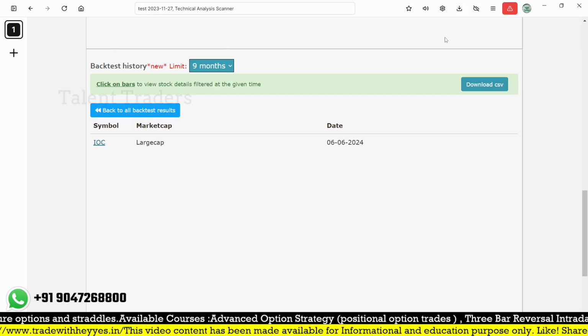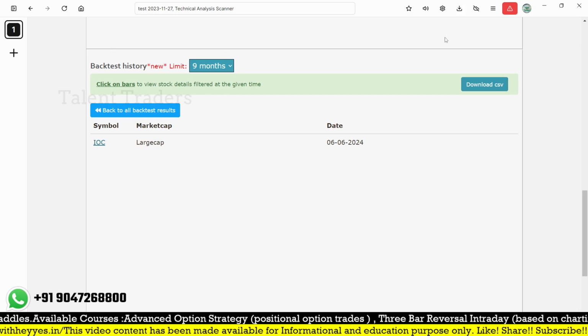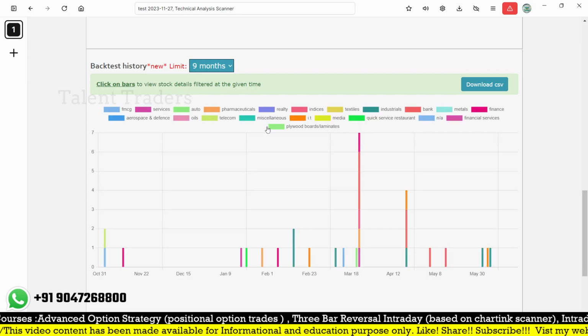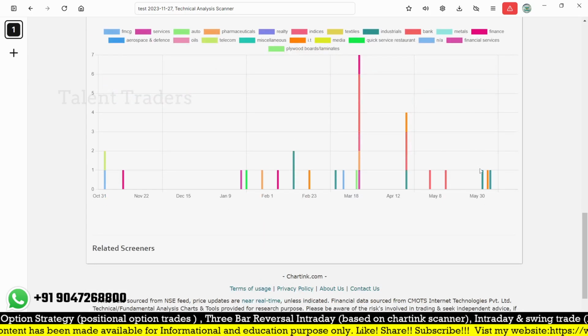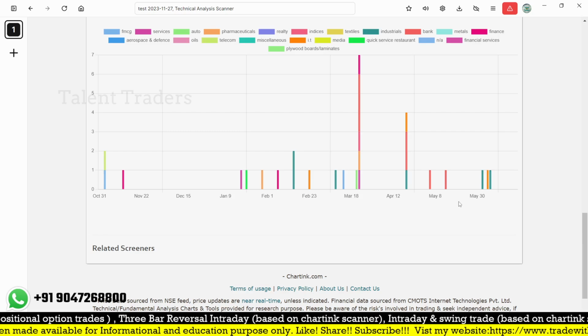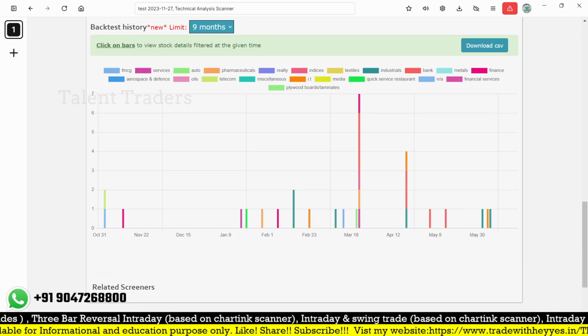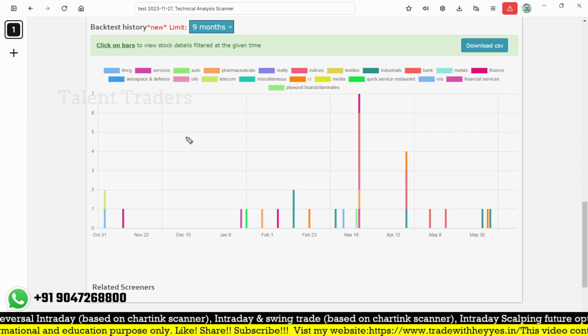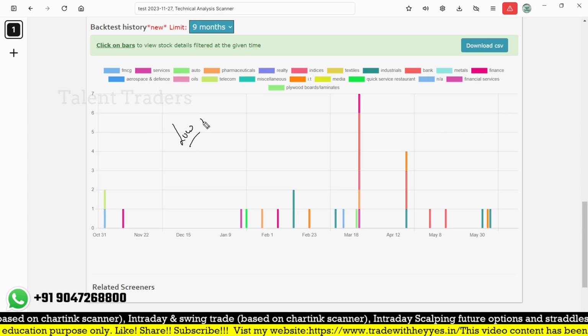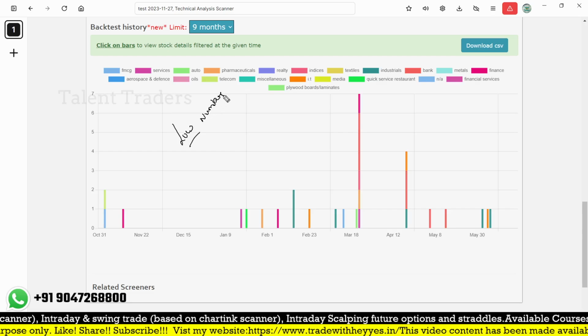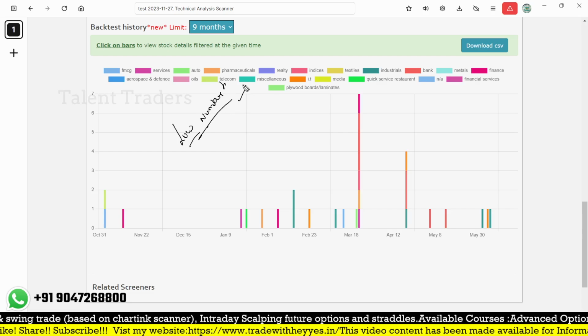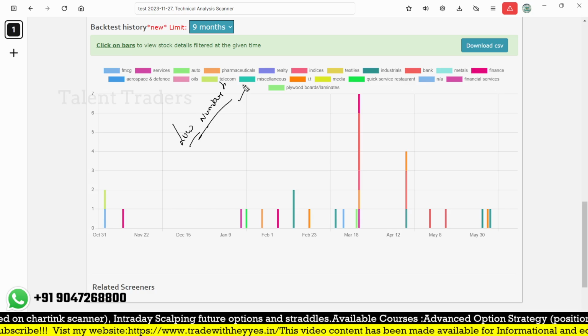I'm not going to show you the details of the scanner, but based on that scanner we are finding a very low number of stocks. The first most important thing, if you are using a scanner, is that it filters a low number of stocks. If a scanner finds a high number of stocks, trading and tracking is very difficult.